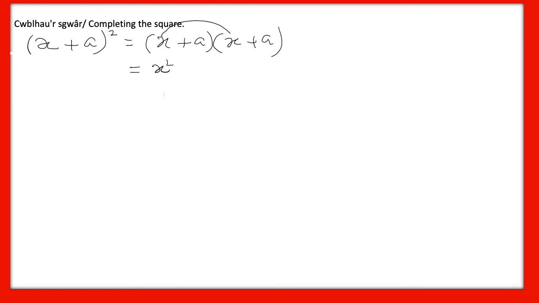So I'll get x squared plus ax plus another ax plus a squared, which of course gives me x squared plus 2ax plus a squared.